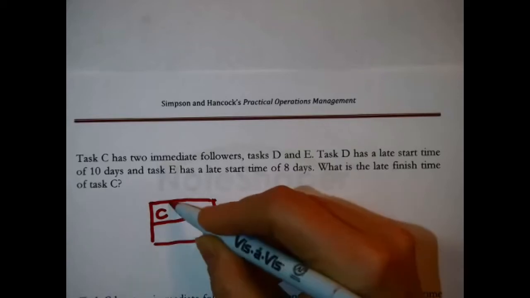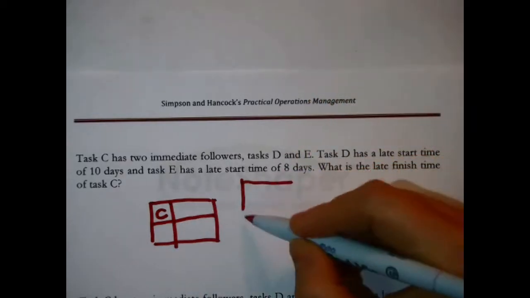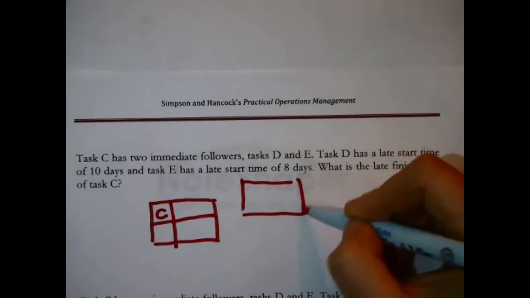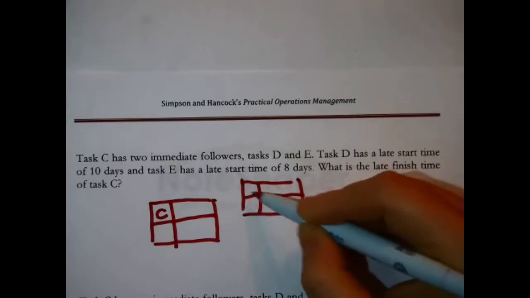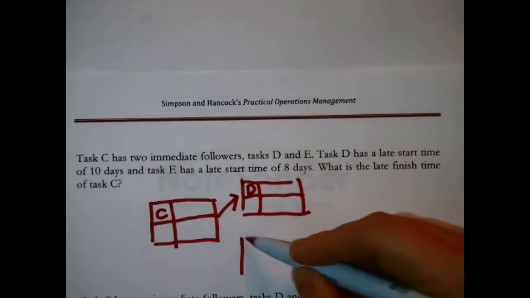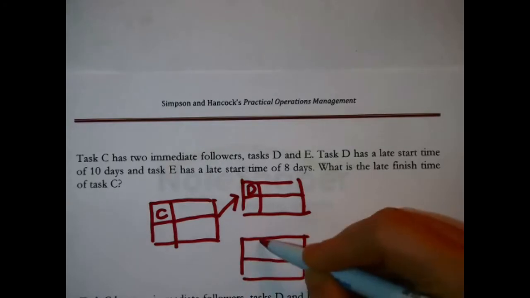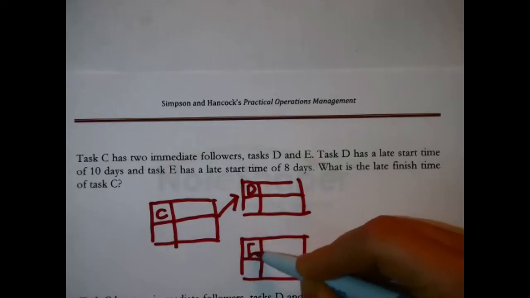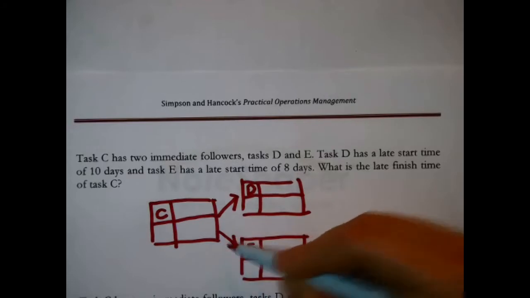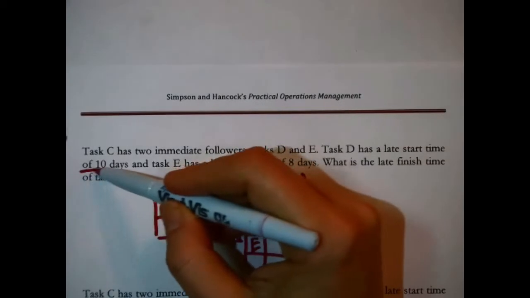This represents C, which has two immediate followers. This one will be D, it comes after. This one will be E, it comes after. What else? Task C has a late start time of 10.